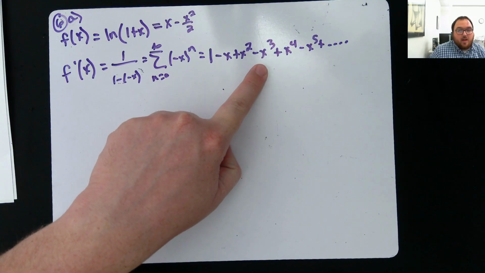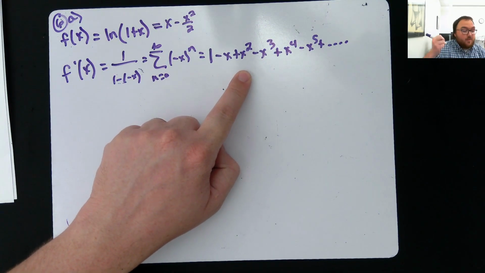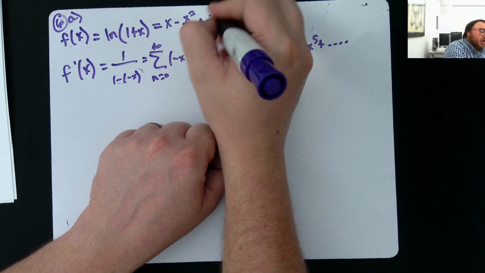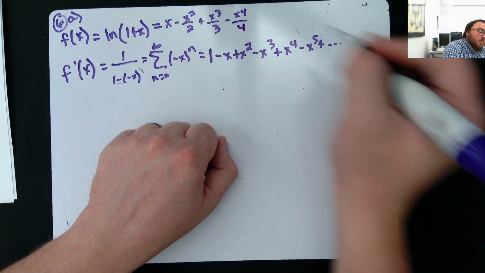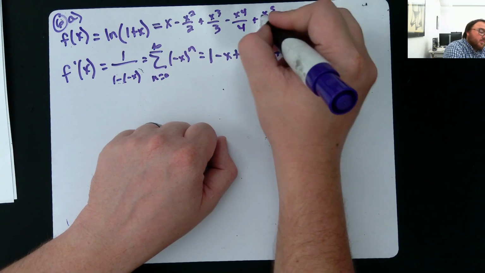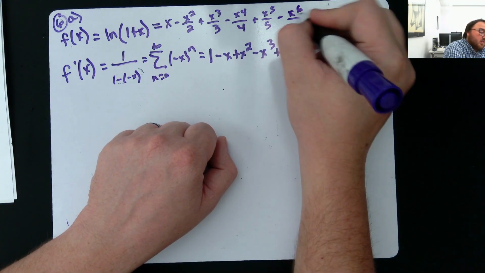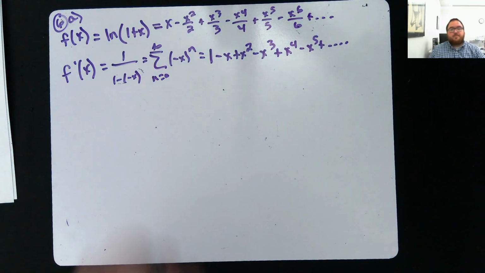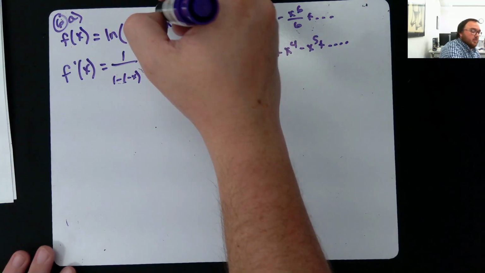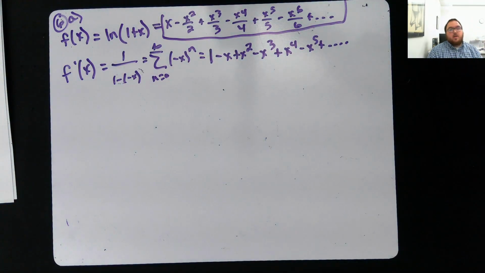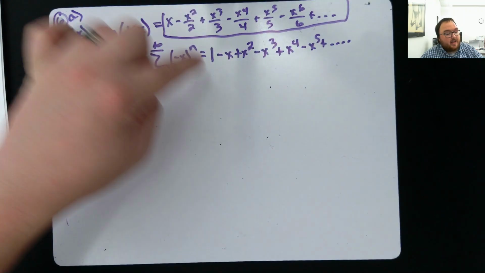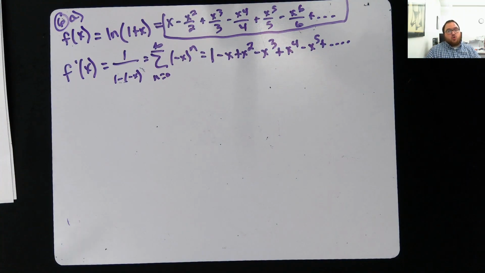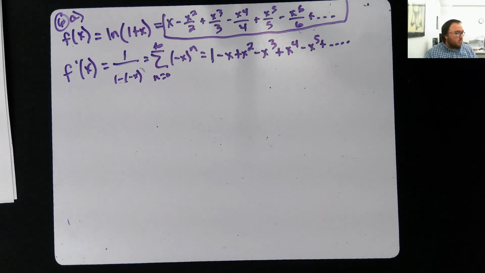Antiderivative of positive x squared is x cubed over 3. And then continue going on for all of my terms, on and on and on. This is the one that I want. Again, because I can do it for the derivative, so do that, and then take the antiderivative to go back to the one that I want.